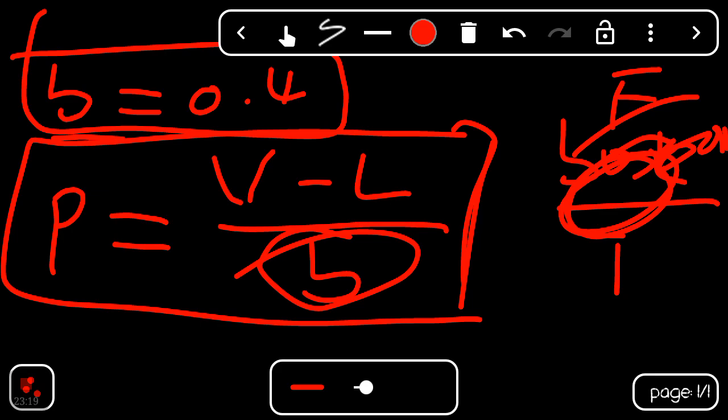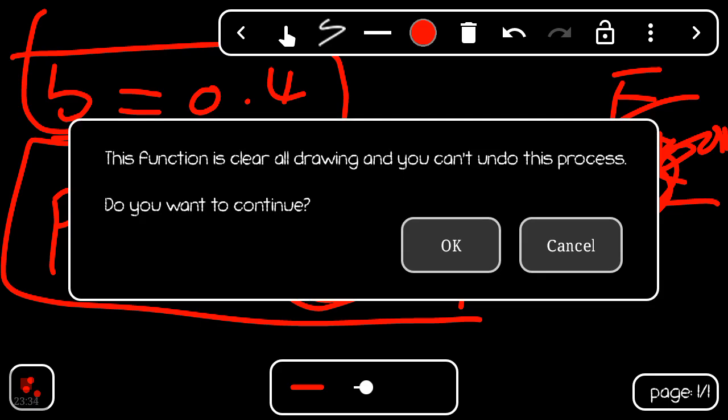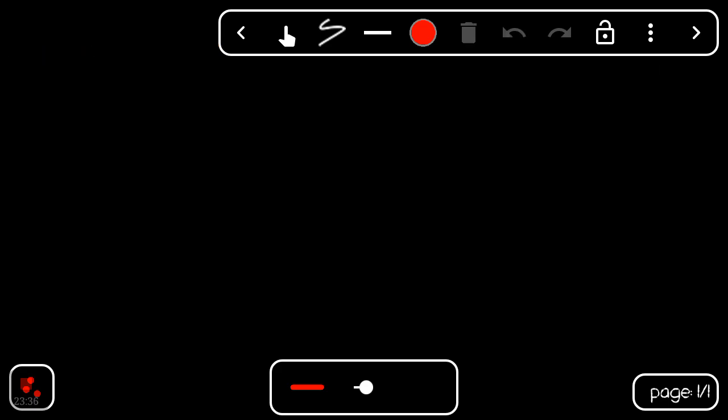Then when answering the questions below it, they said we should find the intercept of the graph on the y-axis.